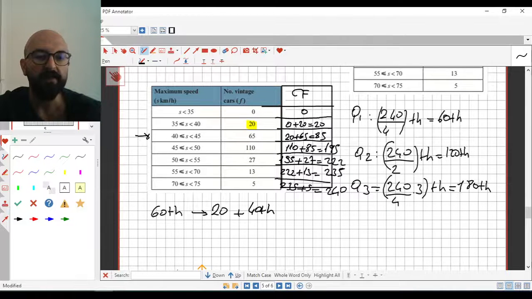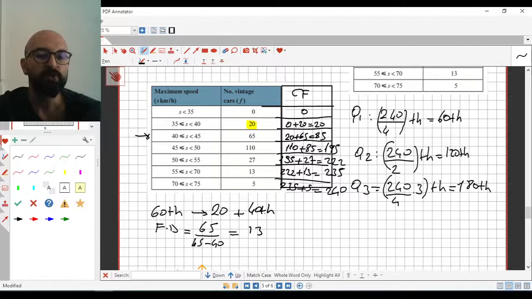So we should find the 40th car in the third group. But firstly, we should find the frequency density. So frequency density means 65 over the width, our width 45 minus 40, so it means 13.